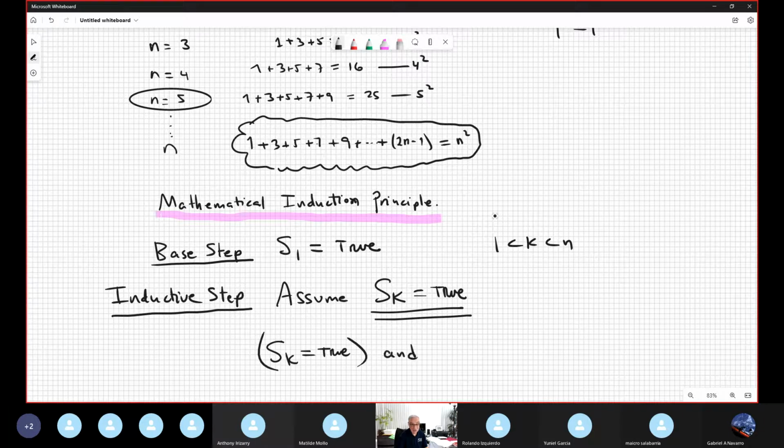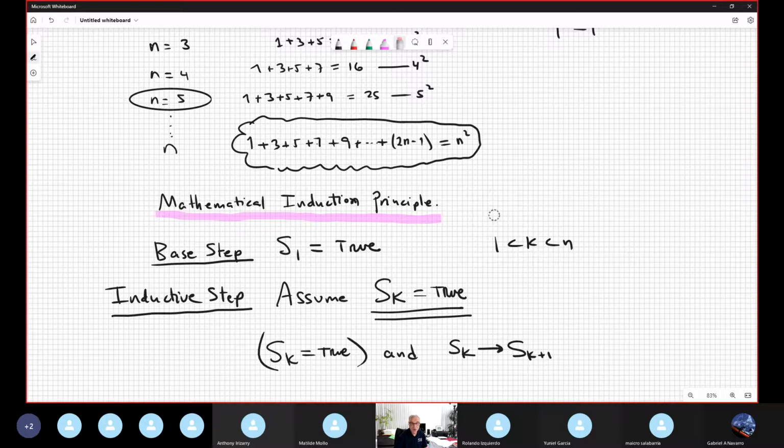Another condition I need to prove is that A sub k, assumed true, implies that A sub k plus 1 is also true. So this is true and this is also true.